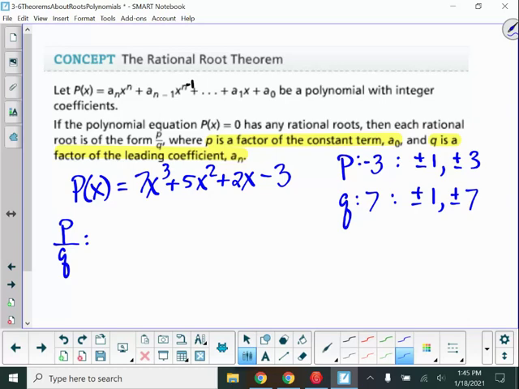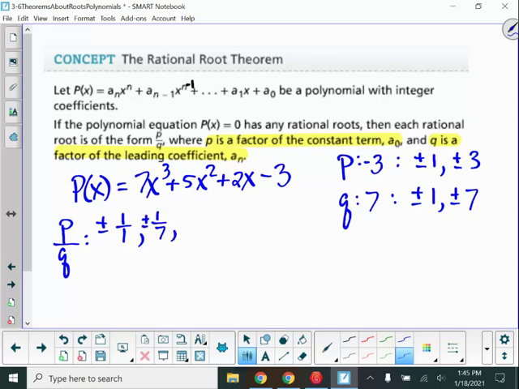And then you go through and find all of the combinations of the possible p's over the possible q's. You can list the plus or minus, so really you want to think about the fact that there's double the amount of possibilities than what you see, because you have the positive and negative of each version. If I start with p is 1, I could have 1 over 1, which will simplify to 1, and I could have 1 over 7.